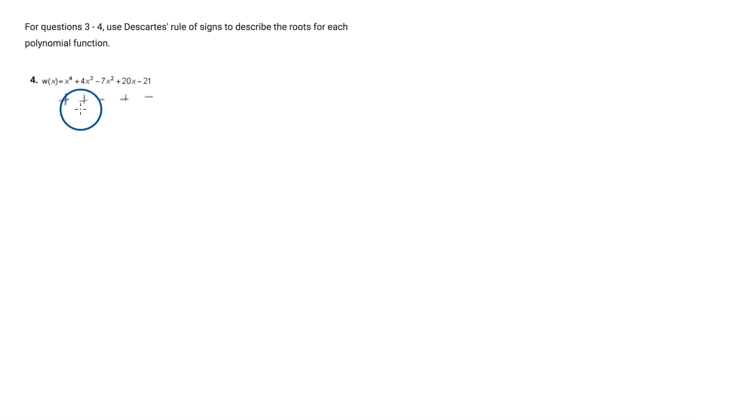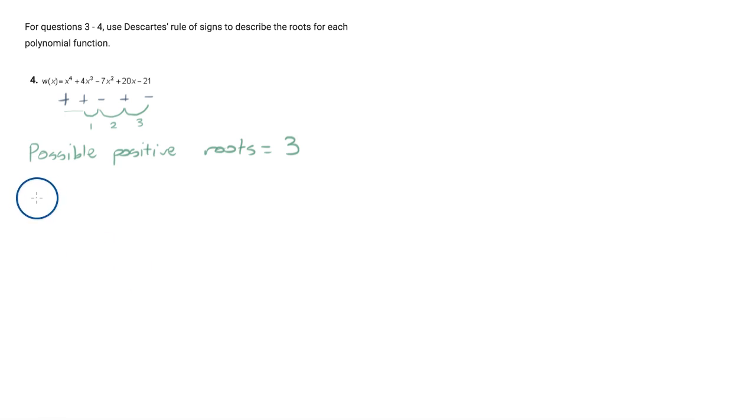So if we look for the sign changes, we see we go from positive to positive, then positive to negative, then negative to positive, then positive to negative. This represents 1, 2, 3 sign changes. That means that for our possible positive roots, we could have a maximum of 3.